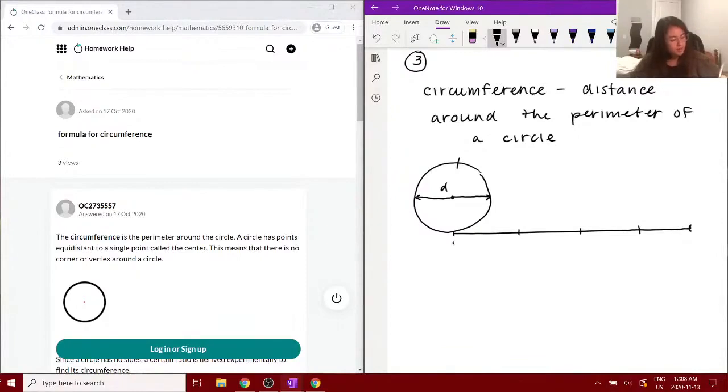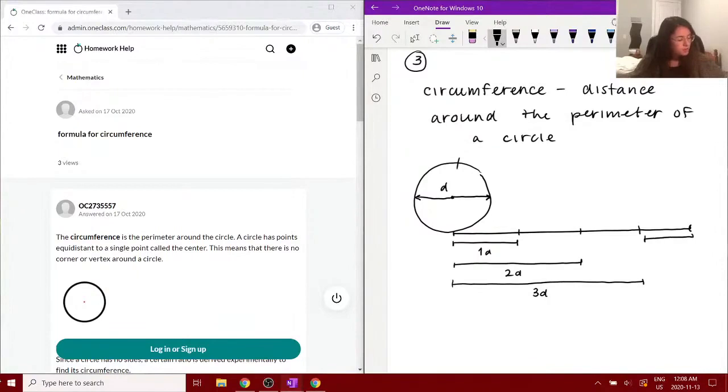So you would have 1 times the diameter, 2 times the diameter here, 3 times the diameter, and then this last part here, obviously not to scale, that would be 0.14, etc., with more decimals, times the diameter.